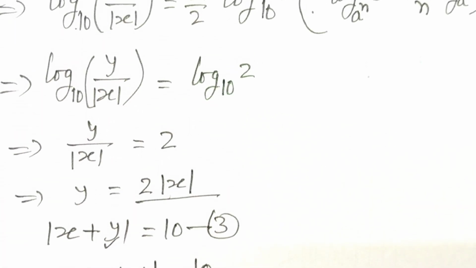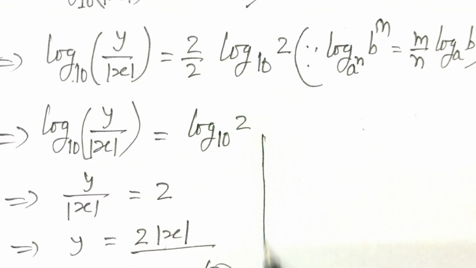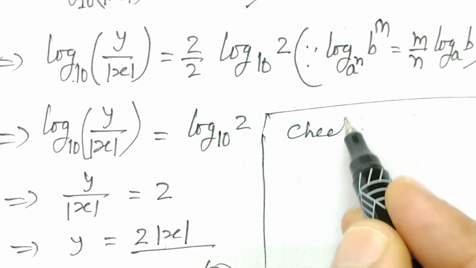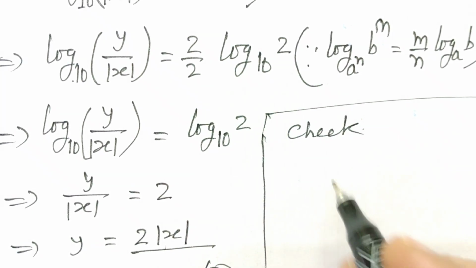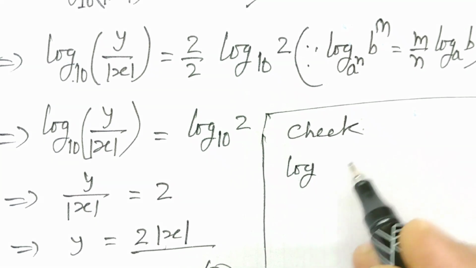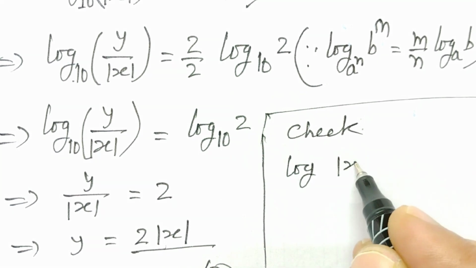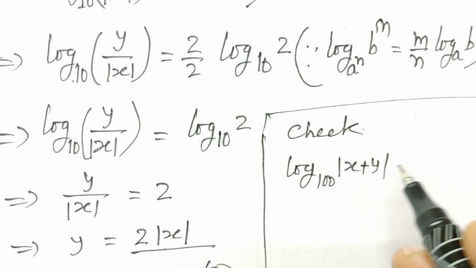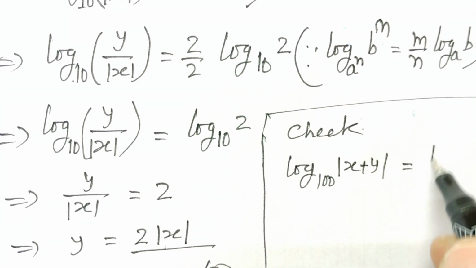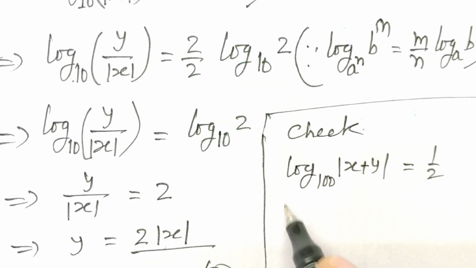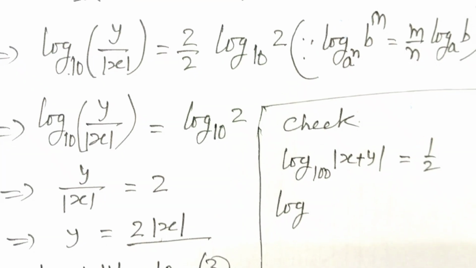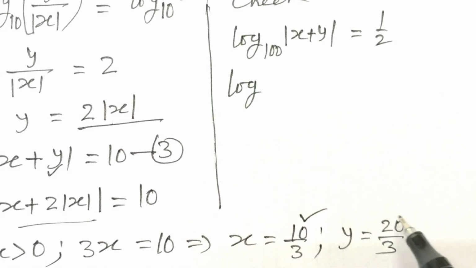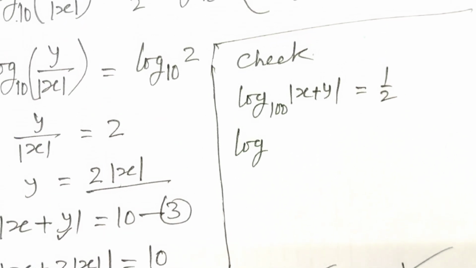If we check log of mod x plus y base 100 is equal to half, right? So x is 10 by 3 and y is 20 by 3.